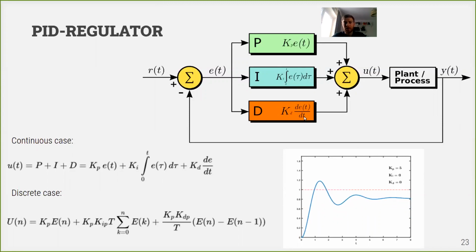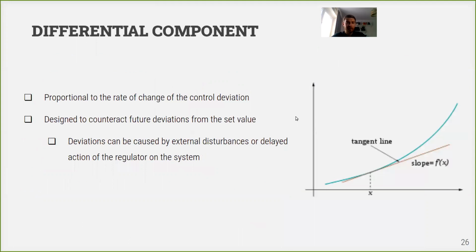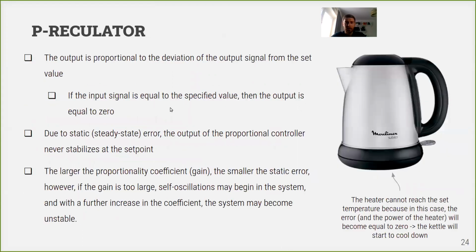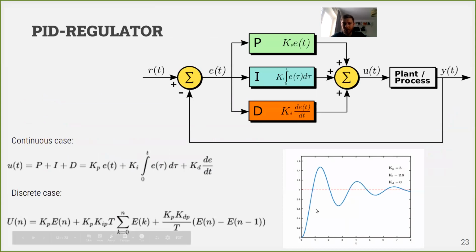And the third one is the derivative or differential component. And this is proportional to the rate of change of the control signal. So once we are changing our control too quickly, the differential component becomes big. And it kind of stops or slows down changes in the system. So the derivative will be negative if we change our control signal too fast, and it will allow us to slow down.